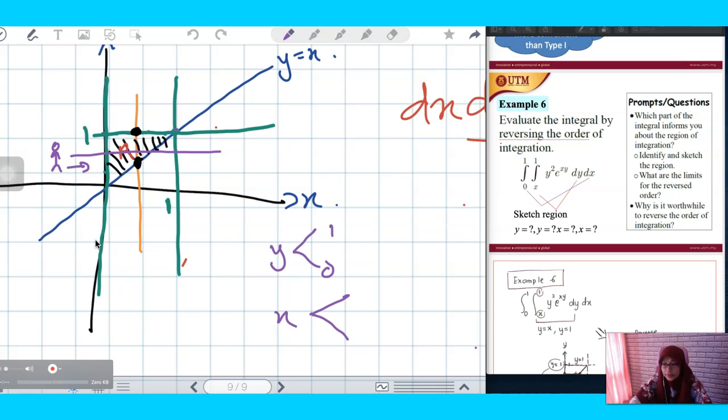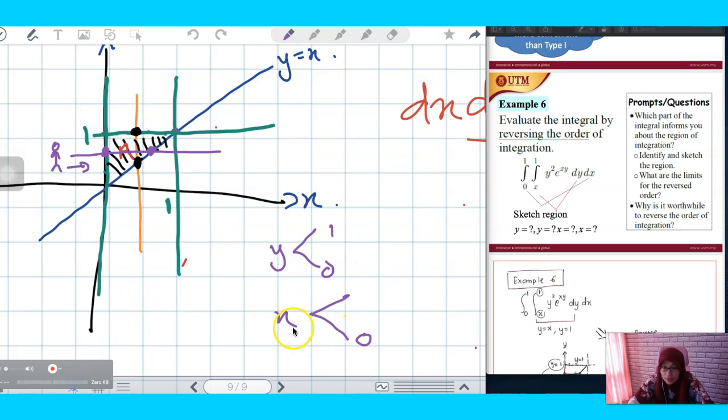The first point that you can see is this point, and the terminal point should be over here. So how can we know the limit of x? The initial point is lying on x equal to 0, and then this is the terminal.